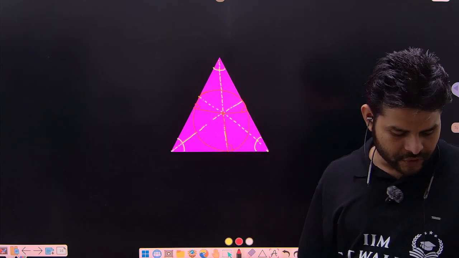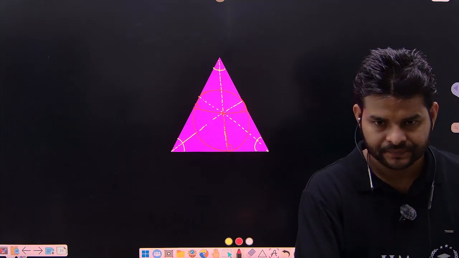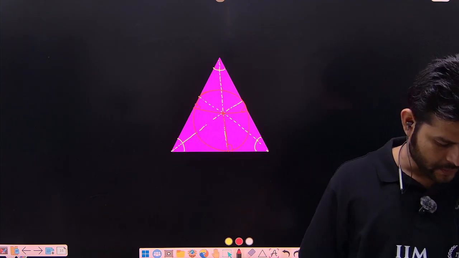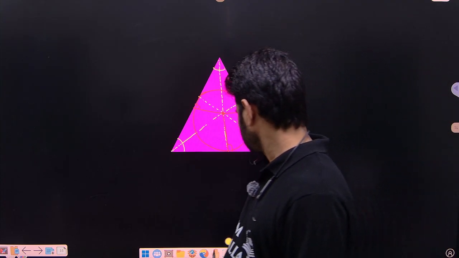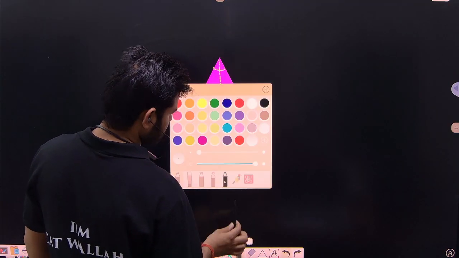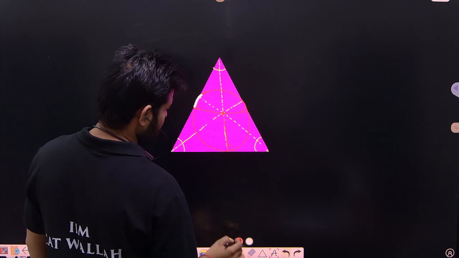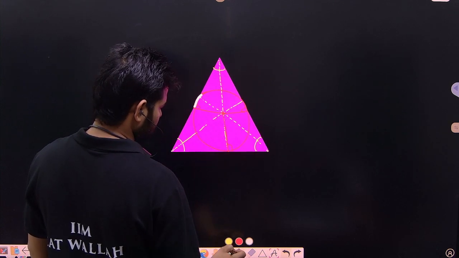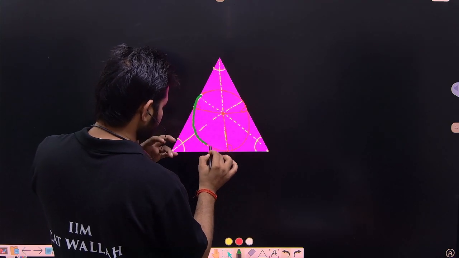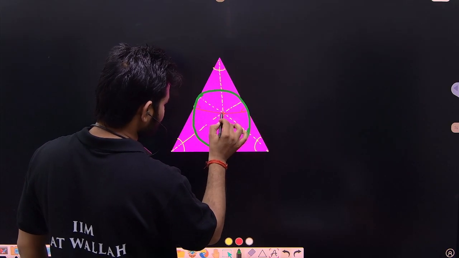So now the question is, how can we find out the incircle radius? What is the formula? So this is your circle, and this is the center of the circle.